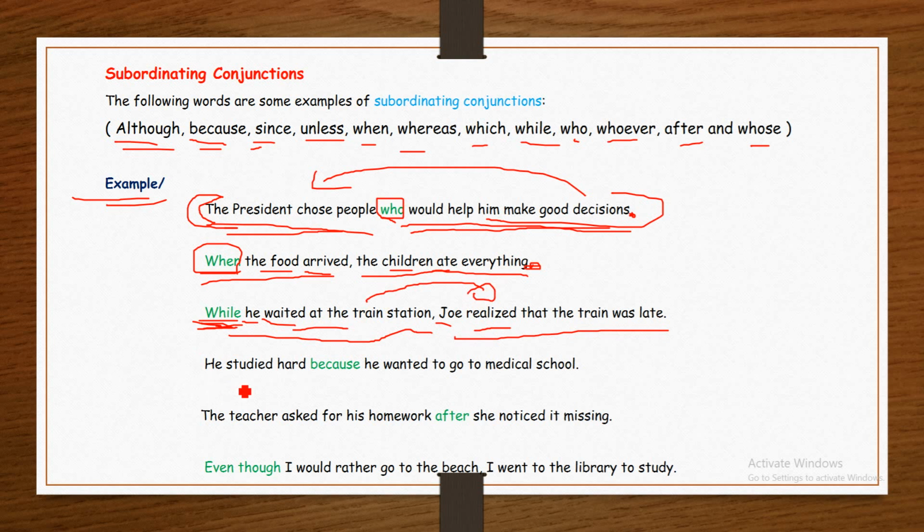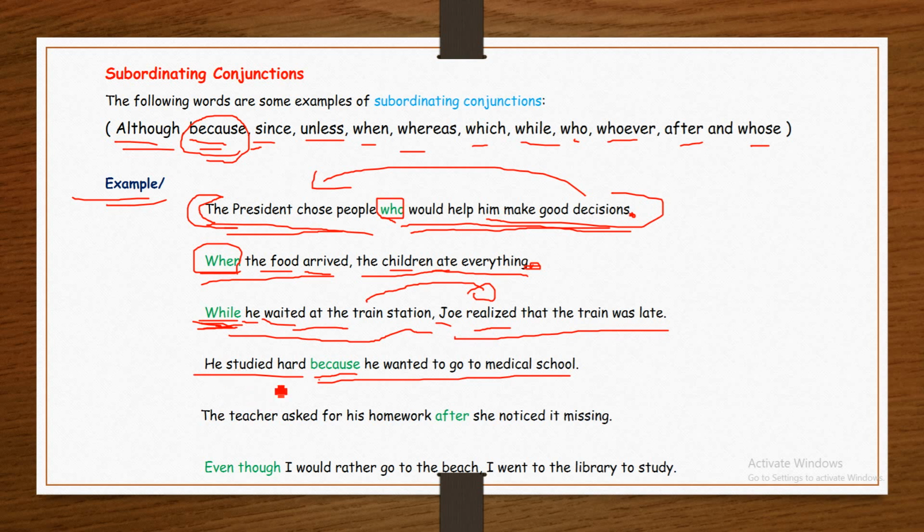Another example. He studied hard because he wanted to go to medical school. Because is what? Because is a subordinating conjunction which creates a subordinating clause, a dependent clause. And we know this is the independent clause.